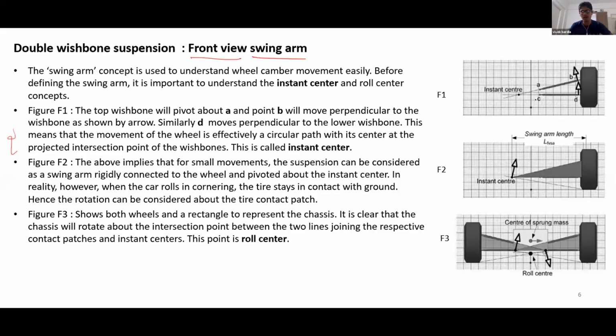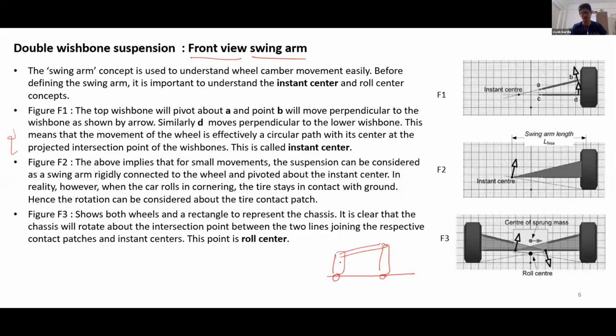A double wishbone suspension is basically a slightly complicated four-link mechanism, right? I'm sure most of you in your engineering would have studied a four-link mechanism. This is your ground link on which the other three links are mounted.